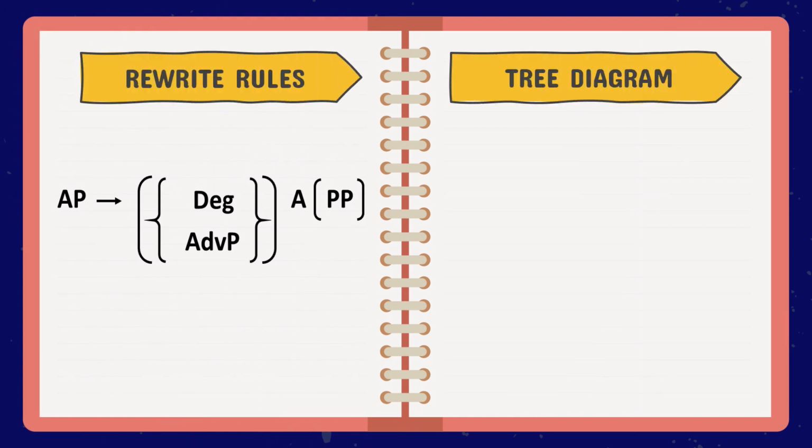These are the phrase structure rules of adjective phrase. An adjective phrase consists of an optional degree and an obligatory adjective.